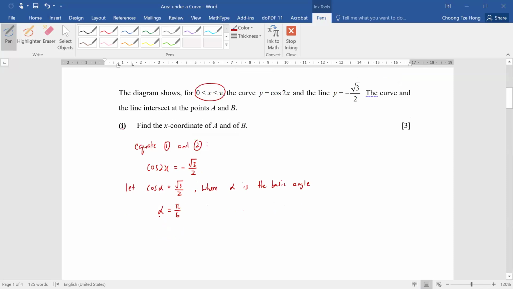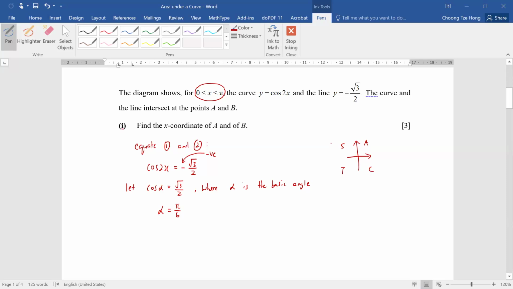Now cosine is negative, so always look at the sign. Cosine is negative, so we will go for the second and third quadrant. A, S: sine is positive in the second quadrant, cosine negative. T: tangent is positive in the third quadrant, cosine negative. Finally, in the fourth quadrant, C, cosine will be positive.